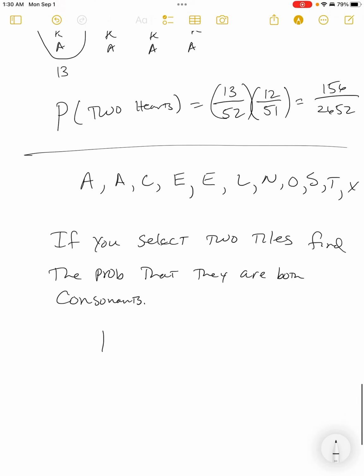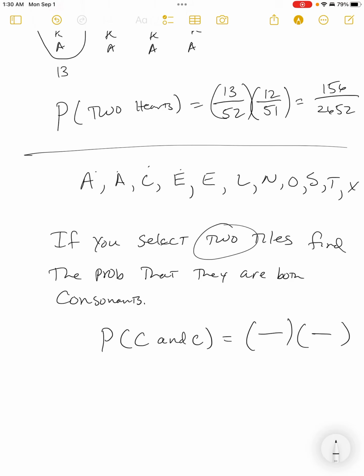Okay, sorry about that. So you want the probability that the first one's a consonant and then the second one's a consonant, right? Just to give you some different notation that may be helpful. What you know is that with 2 selections, right, 2 tiles, you're going to have 2 fractions. And you worry about them one at a time. So first of all, let's see the size of our set. We have 1, 2, 3, 4, 5, 6, 7, 8, 9, 10, 11 tiles.